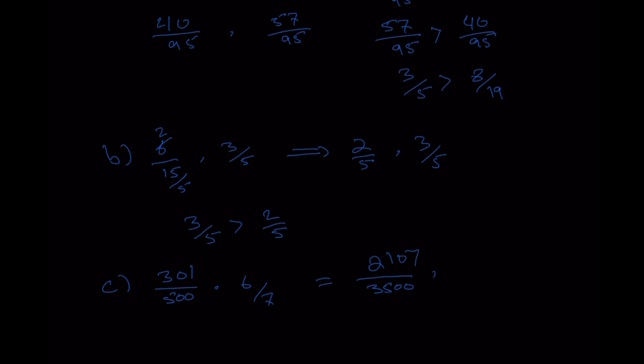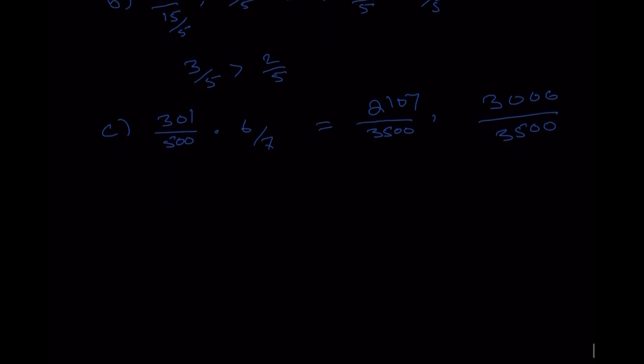The second fraction: 3500 divided by 7 will give me 500, times 6 will give me 3000 over 3500. Now to compare these two, we got the same denominators.